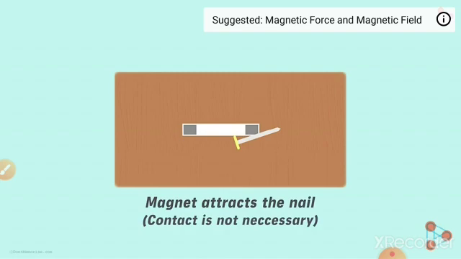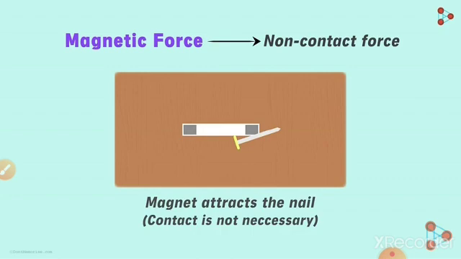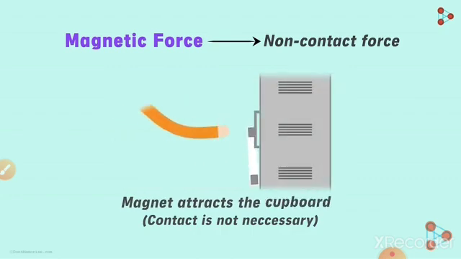The magnet attracts the nail without having any physical contact, and when it attracts the nail, it creates a force which is called magnetic force, and magnetic force is a non-contact force. Now if a magnet attracts the cupboard, again there is no contact between the magnet and the cupboard.